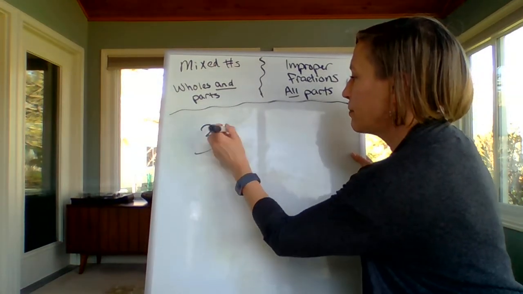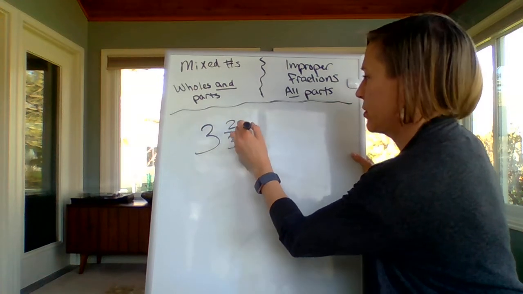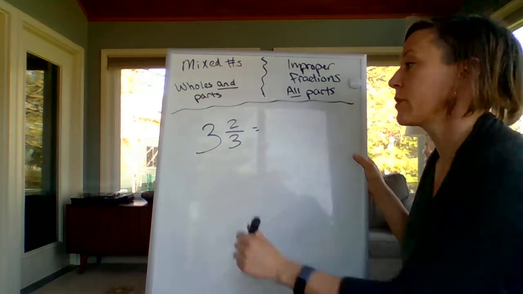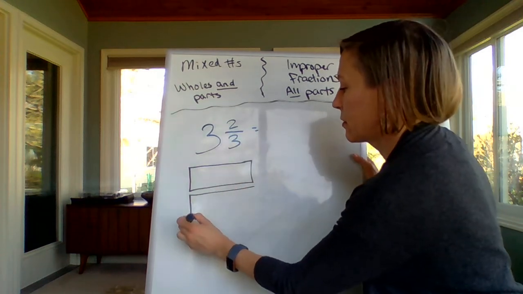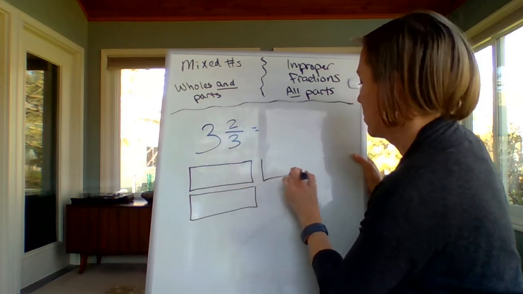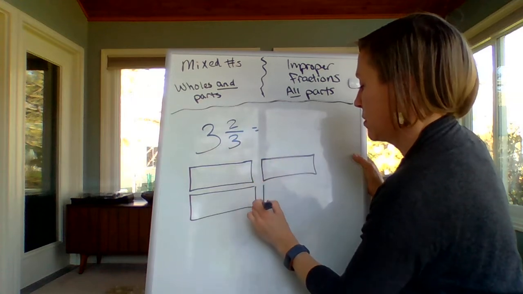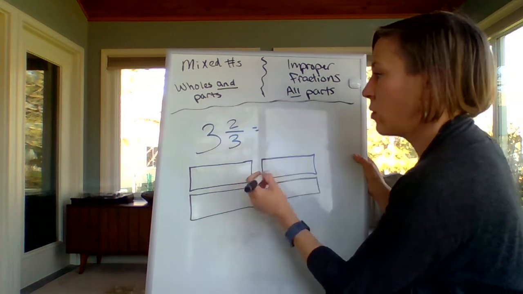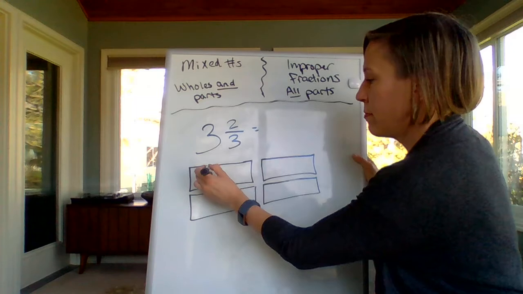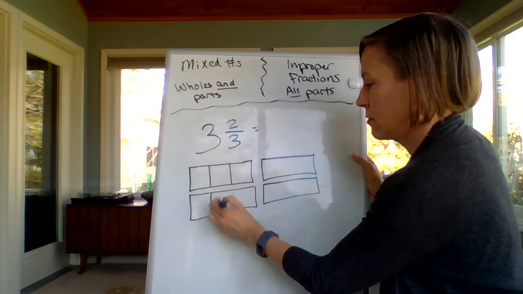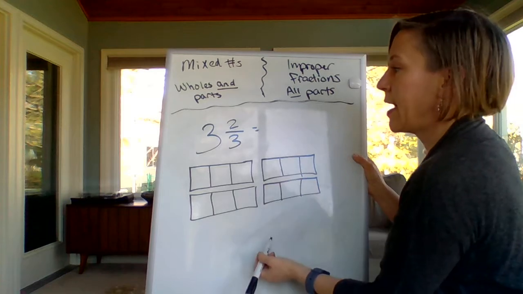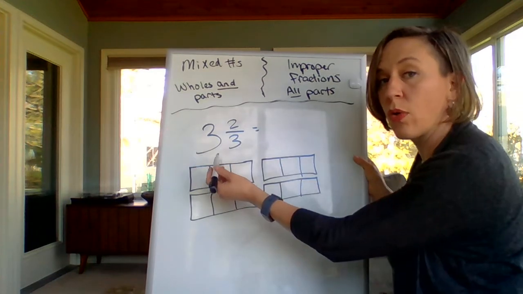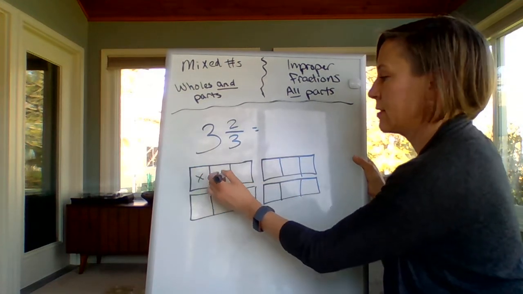Let's do 3 and 2/3. Again, I know that I'm working with thirds here. So I'm going to draw wholes, and I'm going to split them into thirds. And I know in order to have a whole, I need to shade in all 3 pieces.